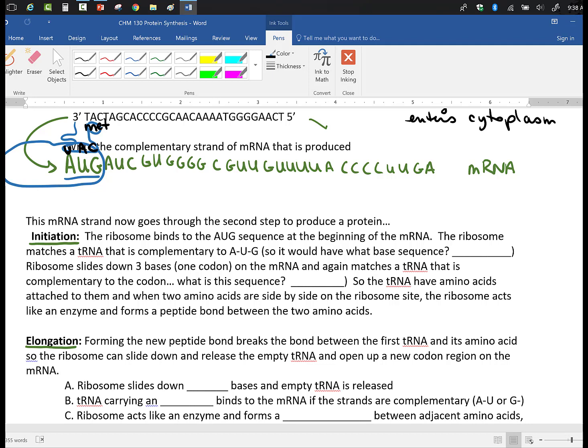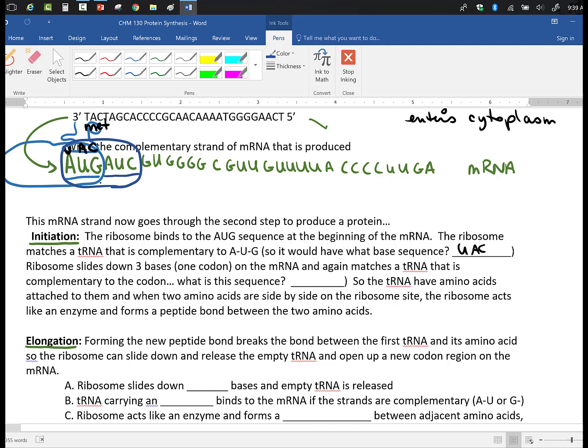Once one tRNA sits, the ribosome will slide along, and it always moves 3 bases. So the next set of 3 bases is AUC. If you slide the ribosome down, the first tRNA is still there with its methionine.